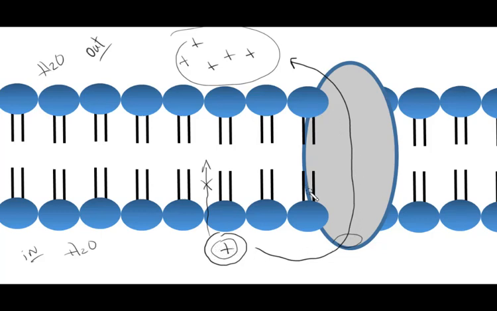What's more likely to happen, do you think, spontaneously? Is it that this ion will go through this molecule and join the others, or that these ions are going to move this way to the inside until the outside concentration of ions is equal to the concentration on the inside? What's going to happen?